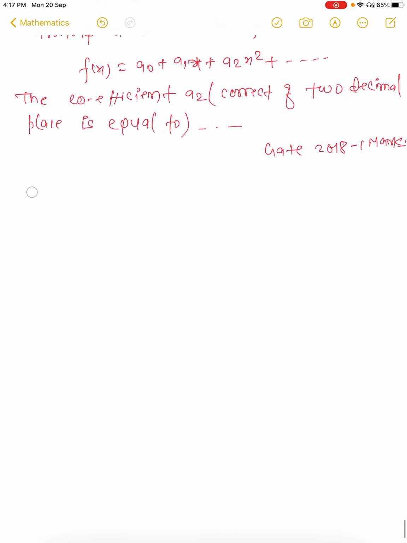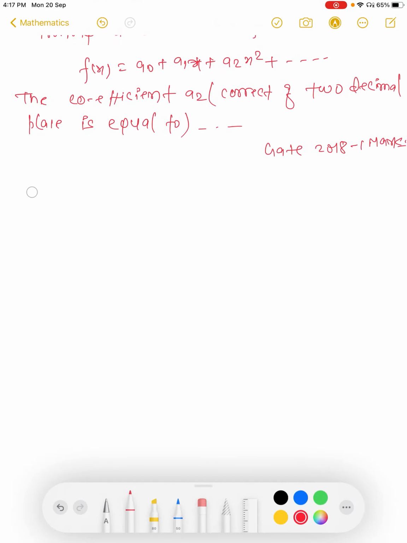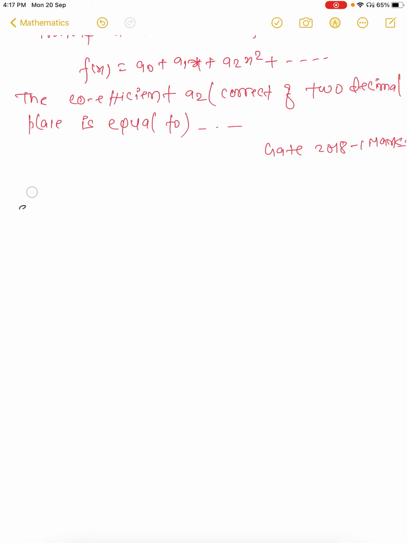So now let's start the solution. f(x) is given as the integral from 0 to x of e^(-t²/2) dt.